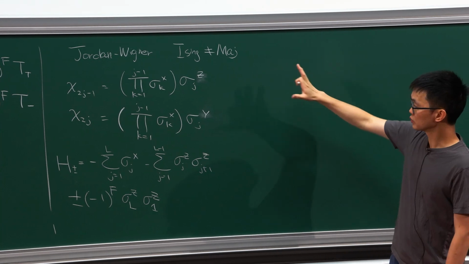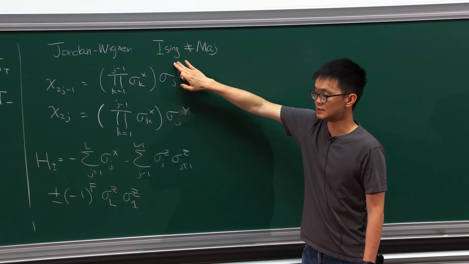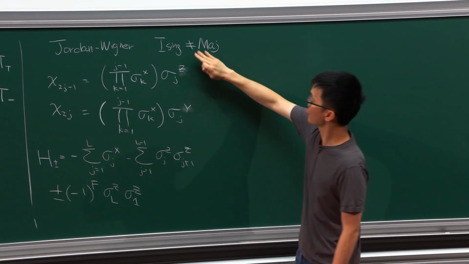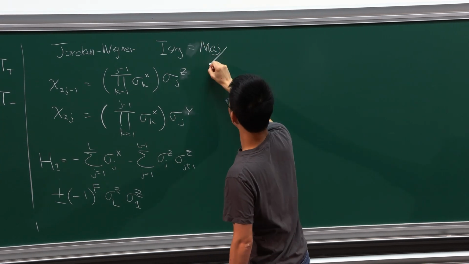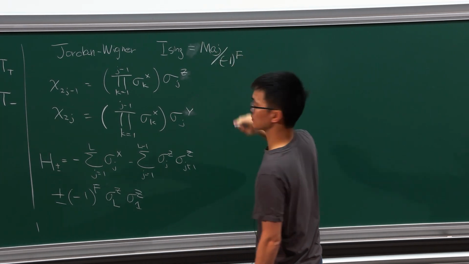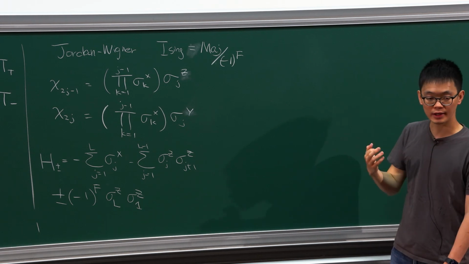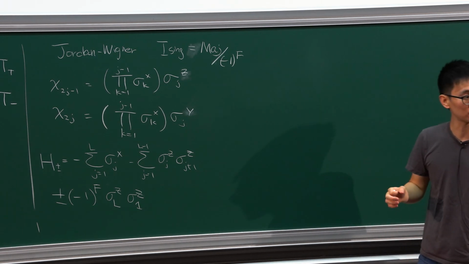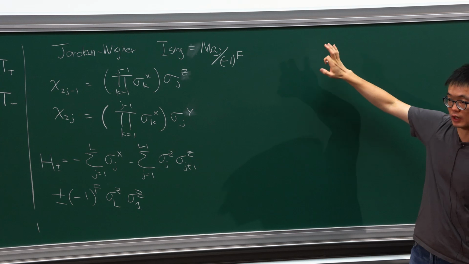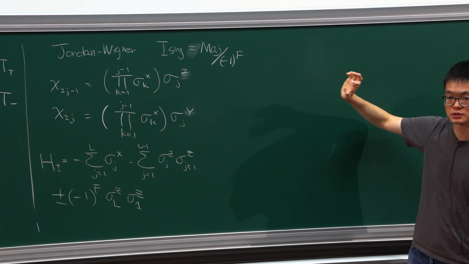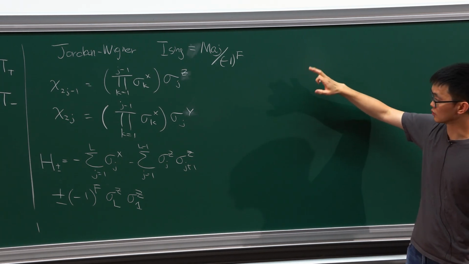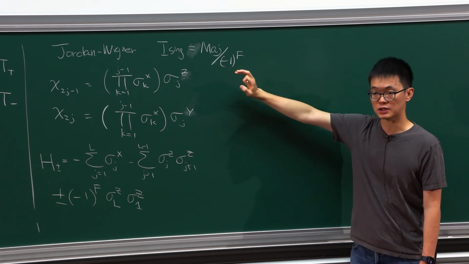And one way to really relate them is to think of Ising as Majorana fermion with the (-1)^F symmetry gauged. And gauging generally changes the model. But I'm not going to follow this route in the following lecture. I'm just going to present to you the procedure that comes out of gauging.